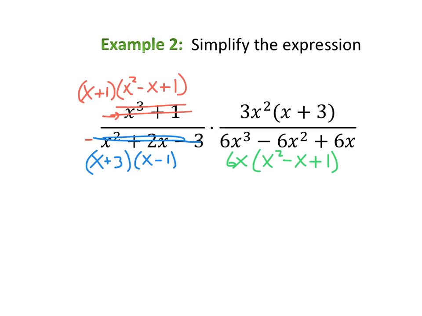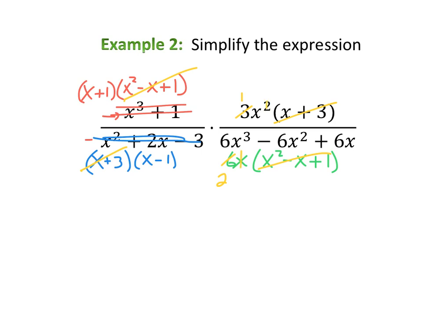From here, whatever's on top that's also on the bottom will cancel out. So I see an x squared minus x plus 1 on top and bottom. I see an x plus 3 on top and bottom. Also, my monomials, 6 and 3, are both divisible by 3, so I'm going to divide them both by 3. And the x's will reduce to make it x to the first.